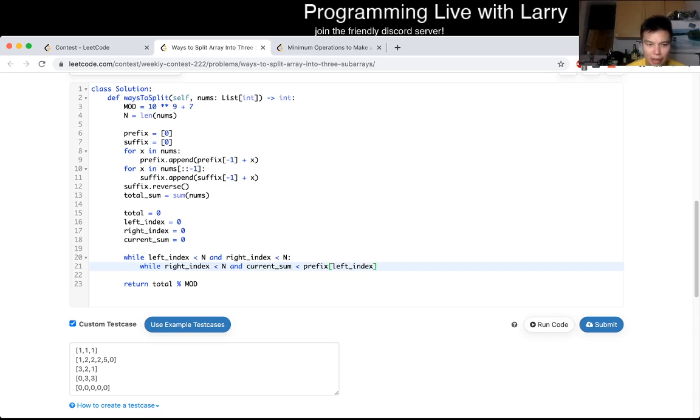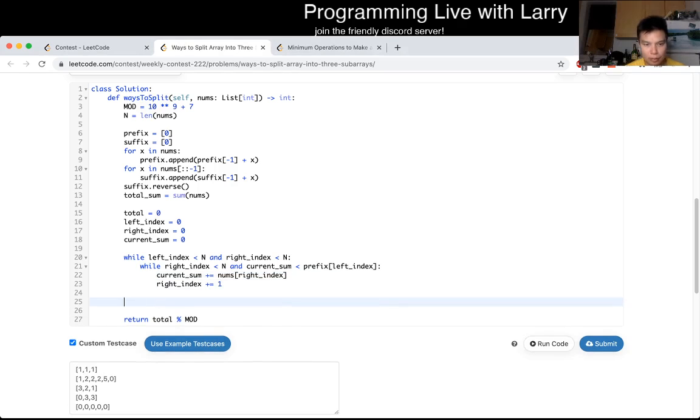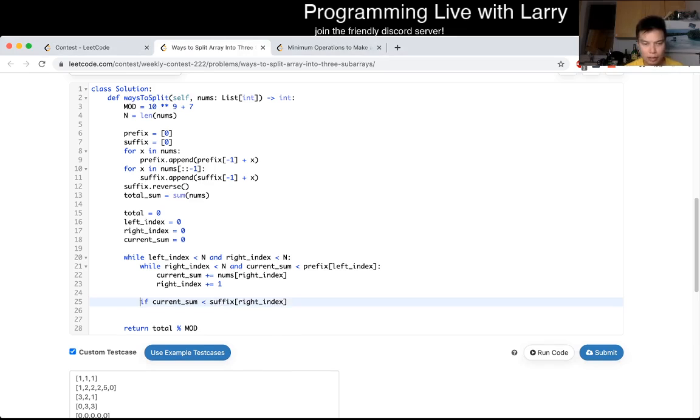I'm just thinking about it now, and I'm being a little bit lazy. I always forget about suffix sum.